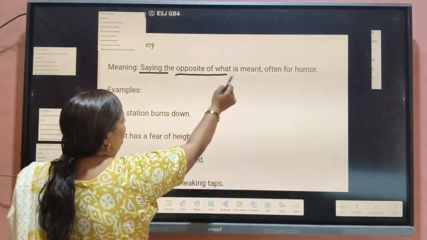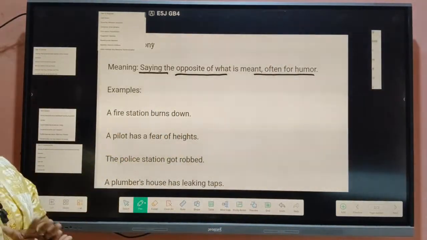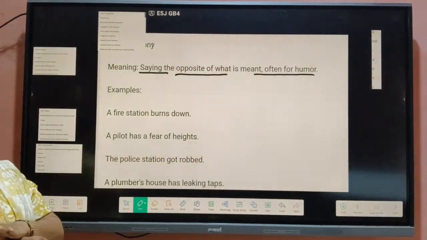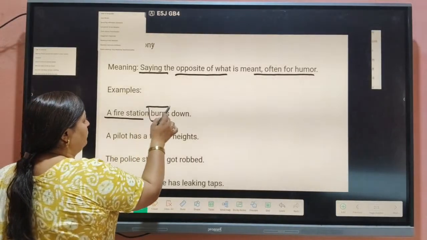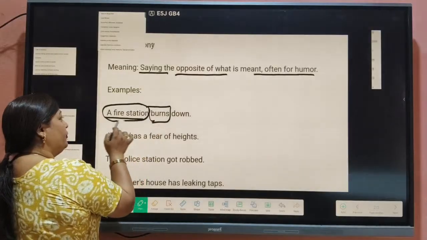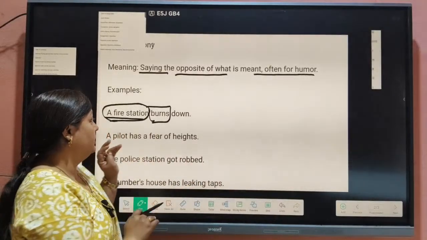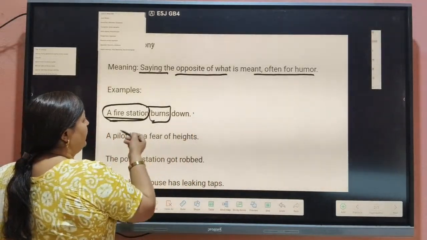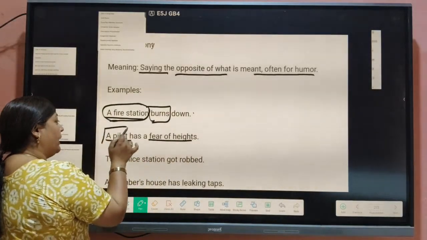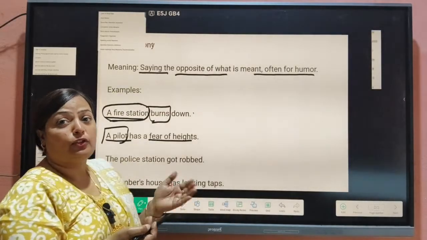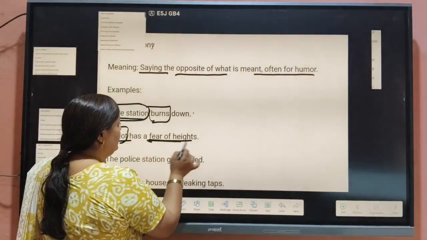Saying the opposite of what is meant, often for humor. The real meaning will be opposite. We are saying one thing, but we mean another thing. For example, a fire station burns down. Here is a fire station which is made to help others, but it itself burns down. So here is irony. A pilot has a fear of heights. Here is a pilot, and his work is to fly at height, but yet he has a fear of height. That's why here is irony.